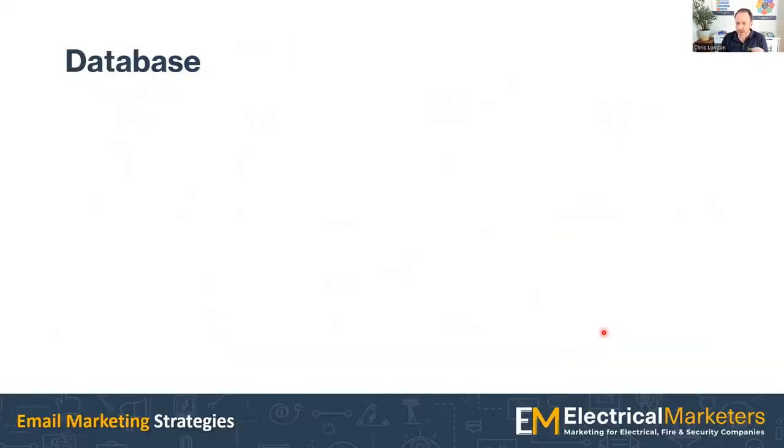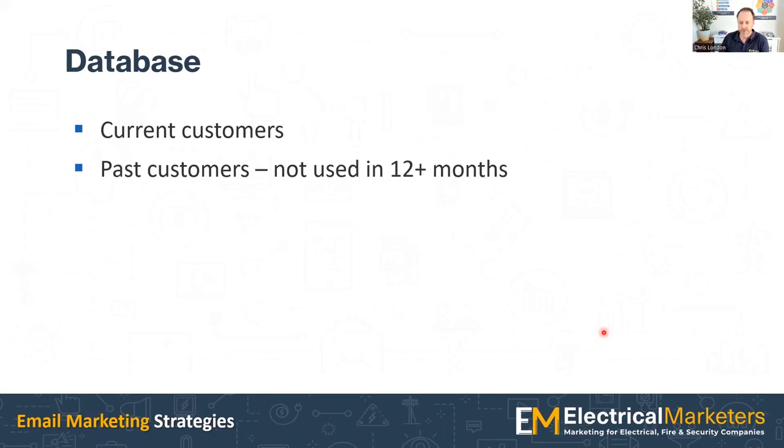With any type of email, the key thing is to have a good database. And the types of contacts that go into the database, to my mind, are obviously all your current customers. There's always something you can be saying to your current customers. Your past customers, those that haven't used you in the last 12 months. So those ones that maybe were domestic, it was a one-off job, or commercial, they've used you before and possibly they're now using somebody else.